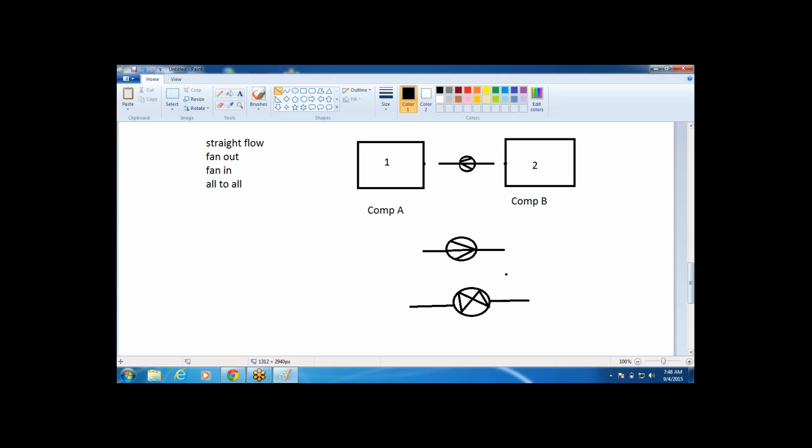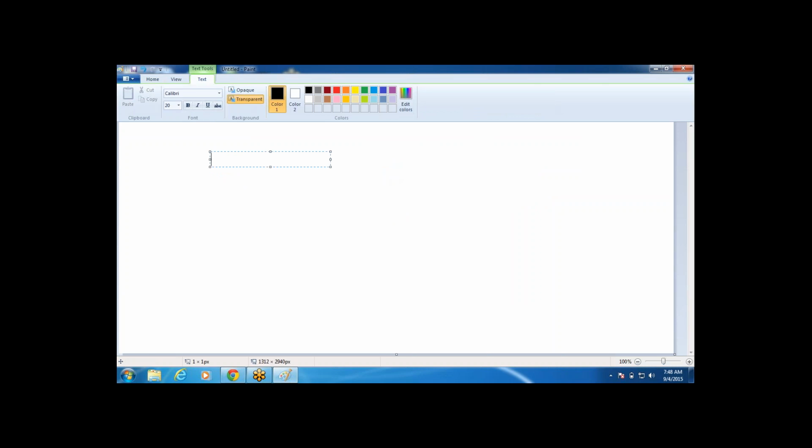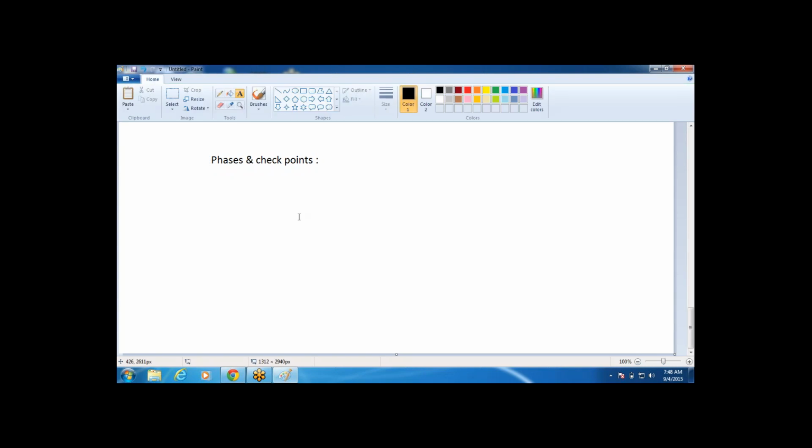The next concept we have is phases and checkpoints. Why do we require a phase within the graph?